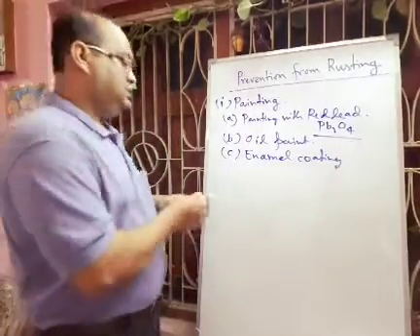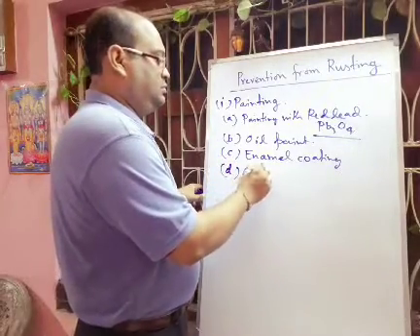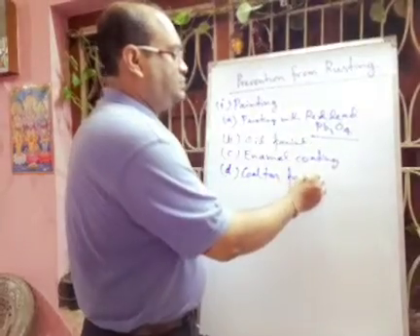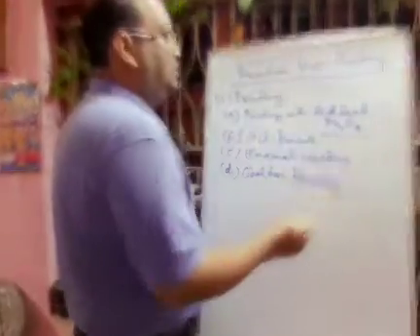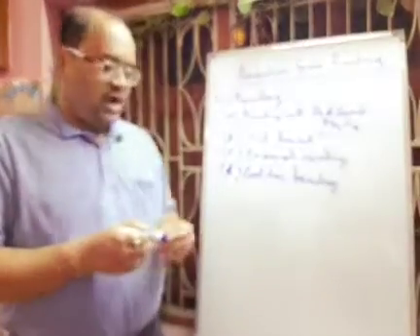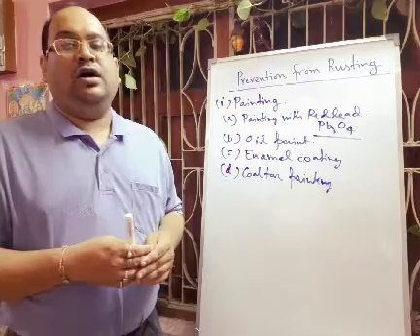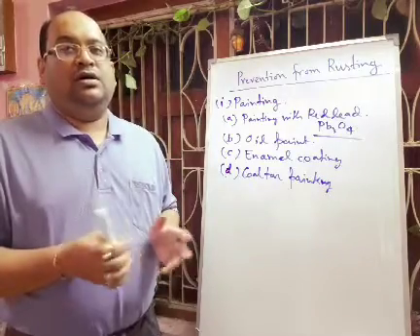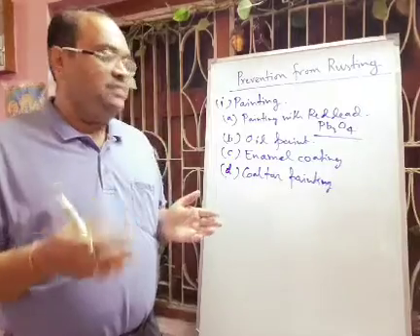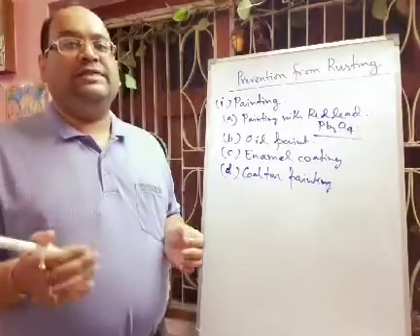Next one is coal tar painting. All of you know about coal tar. In Bengali it is called alcatra. Generally it is used for coating the surface of iron, for the lower parts of seats and bridges.